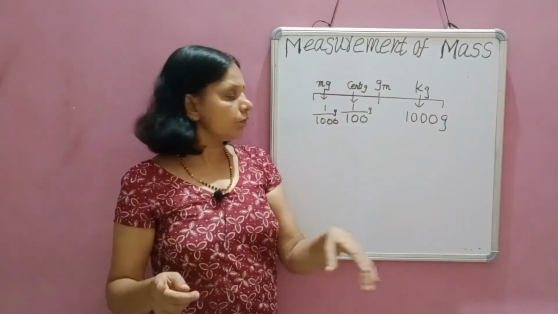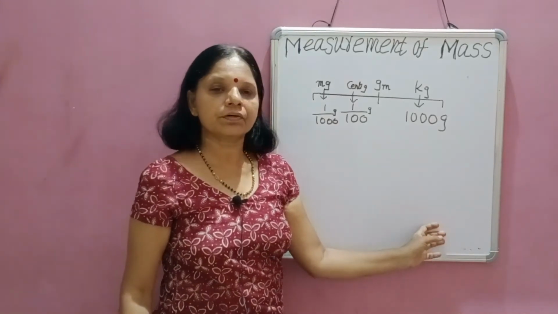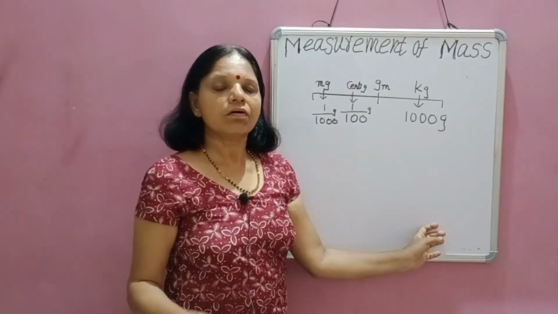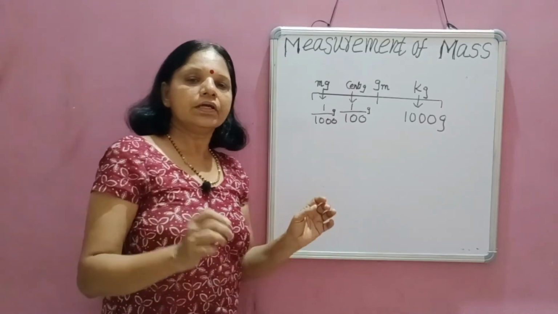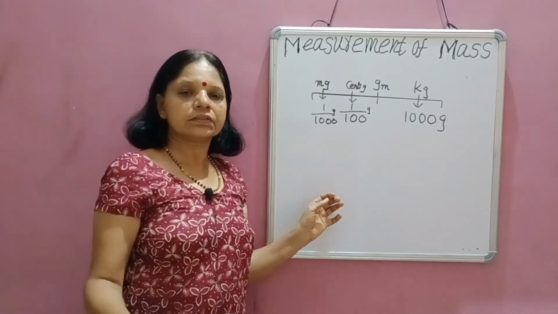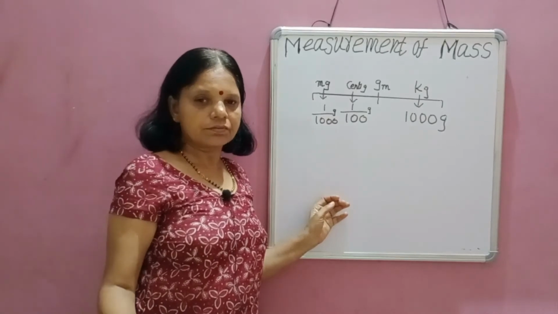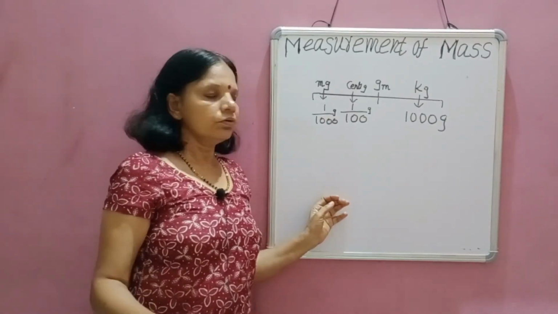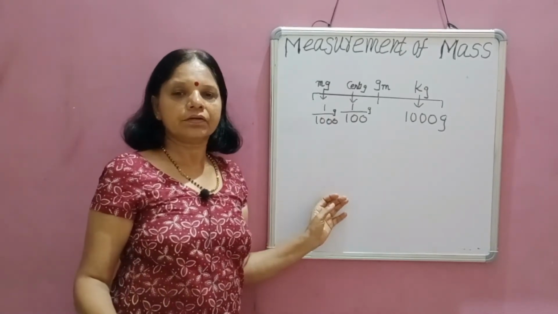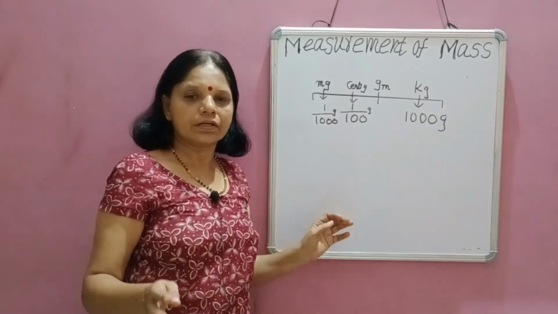This is the very important property you have to remember. The weights of equal masses are equal. That is the property used to find the mass of any object.